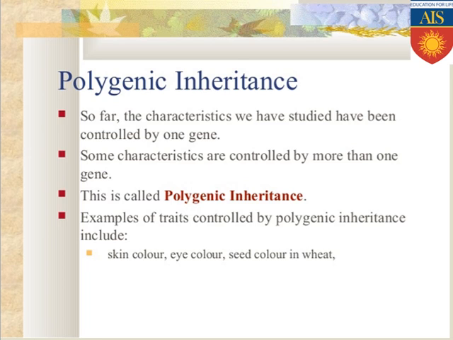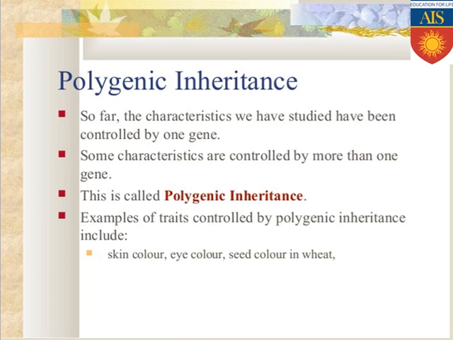Keep it in your mind, in case of polygenic inheritance, the genes exclusively control quantitative features, not qualitative features. As examples, the height of human beings, crop yield, and skin color.